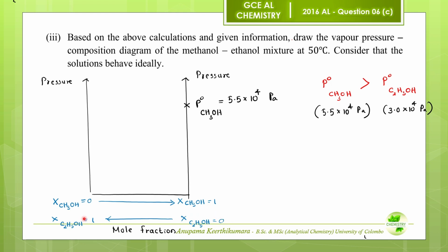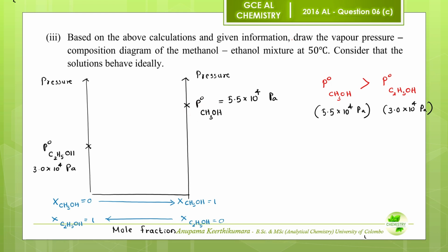On the left-hand side, the mole fraction of ethanol equals 1. That means here we have the pure ethanol sample. Therefore, the saturated vapor pressure of ethanol can be marked on this y-axis. Keep in mind that this value is less than the saturated vapor pressure of methanol.